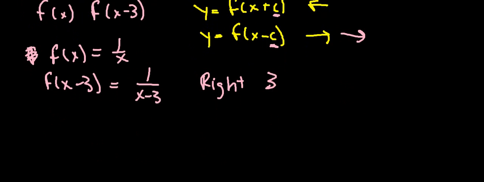So let's put this on a graph now. And let's first draw the original, or the base function. The base function y is equal to 1 over x, or f of x is equal to 1 over x, however you want to write it, looks like this.